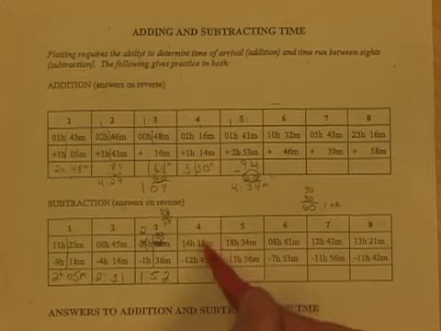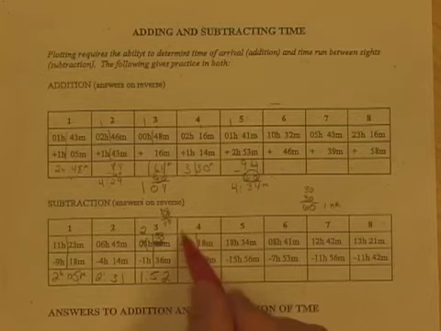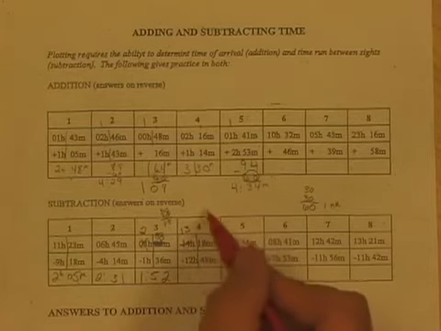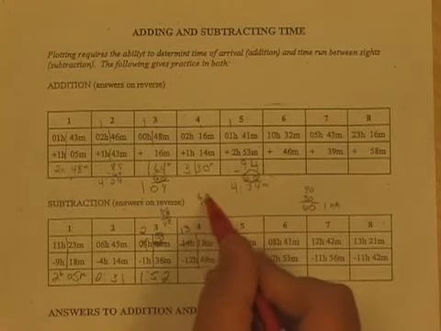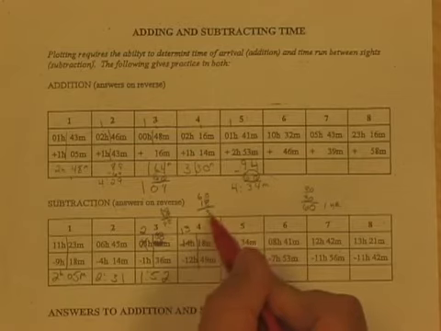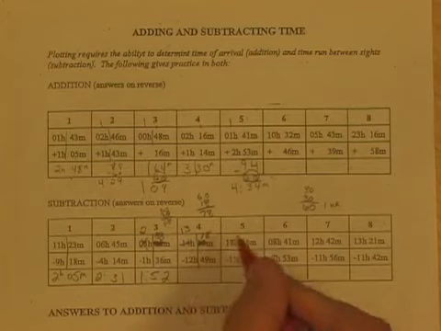Let's do it again. Number 4, remember, separate. I can't take 49 from 18, so what am I going to do? I'm going to borrow 60 minutes from here, so 14 becomes 13. I add 18 and 60 together, and I get 78. So my 18 now becomes 78 minutes.